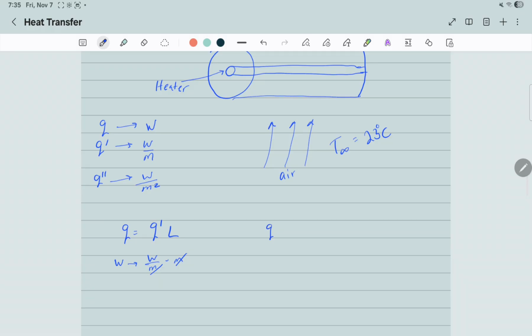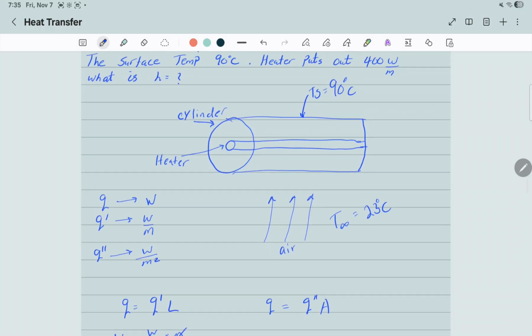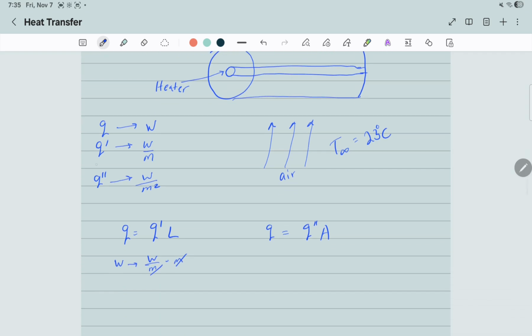Whereas Q also equals Q double prime times area. So for this example, since we're given the heat transfer in watts per meter, we're going to be using Q prime.